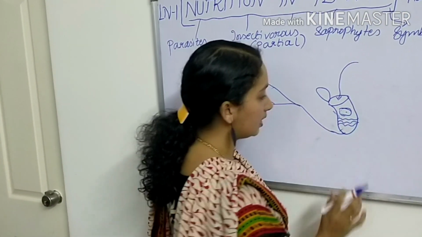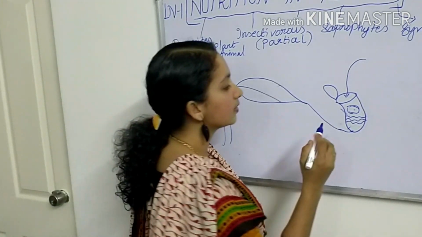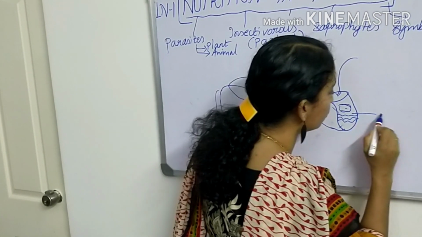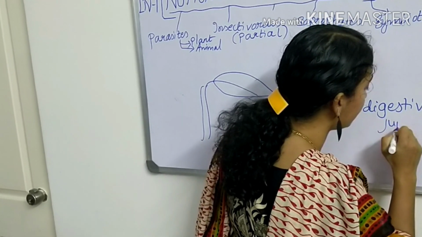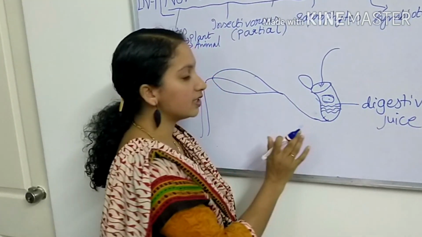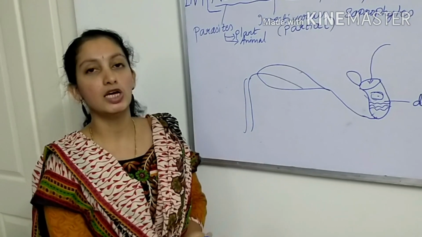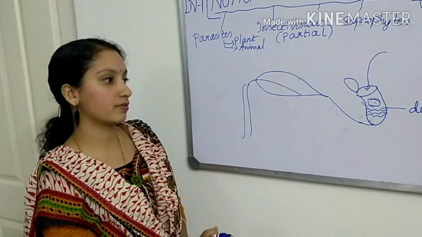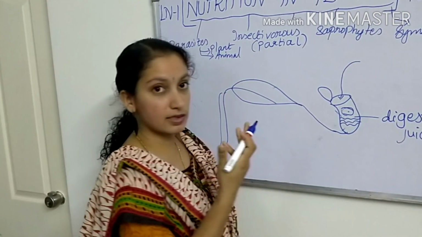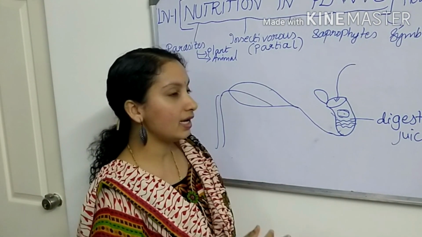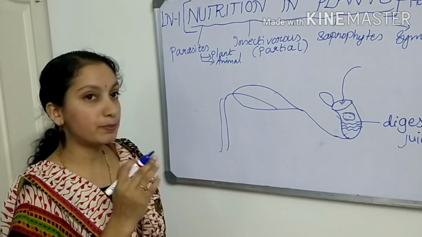Once the insect is inside, the plant starts producing digestive juices by the wall of this special structure formed by this plant to trap insects. The digestive juice starts its function by degrading or digesting the proteins.